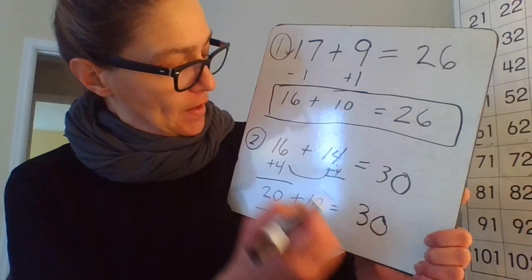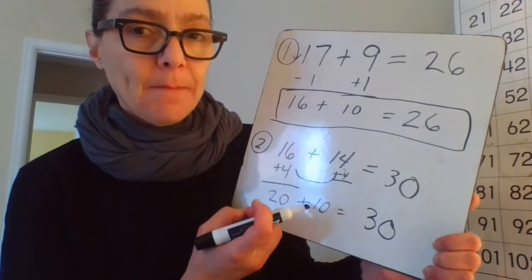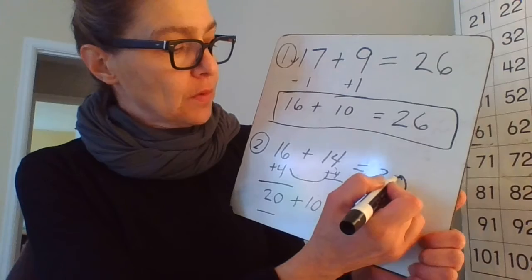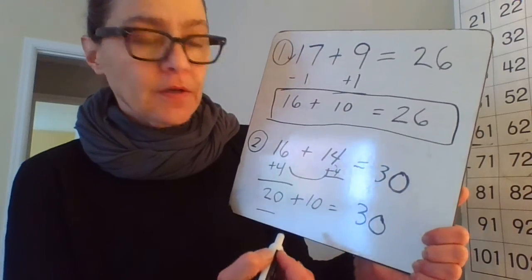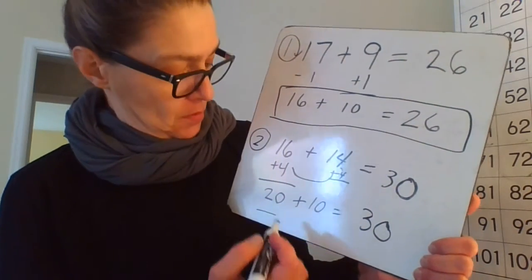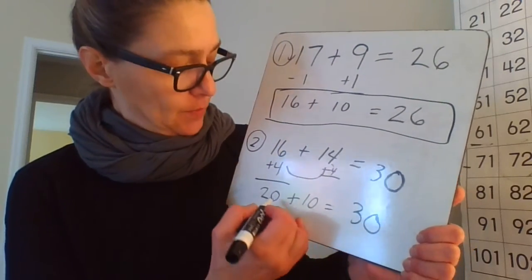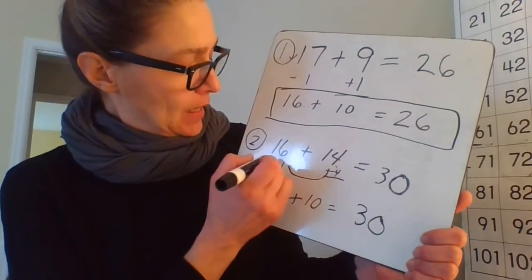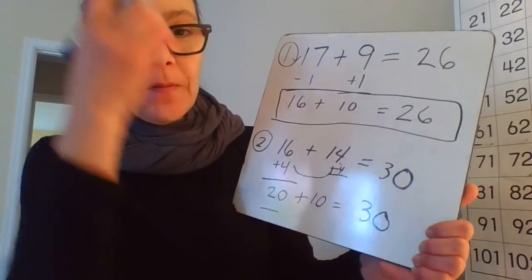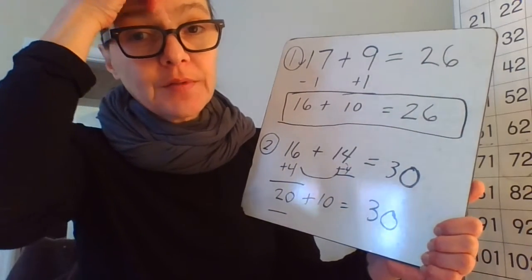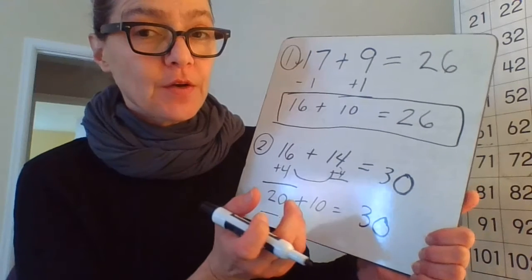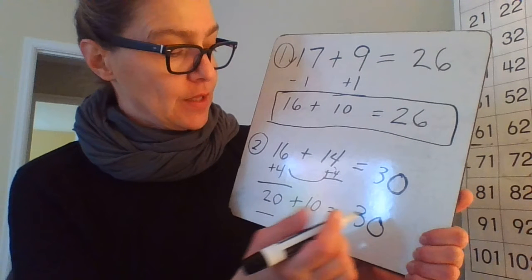The numbers are different, but the values are the same because the total is 30. 20 plus 10 equals 30. Each of the values are different, but I moved them around and I came up with a different equation that also equals 30.